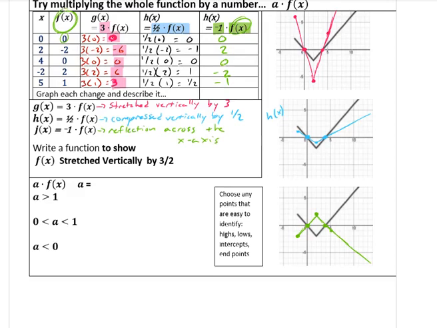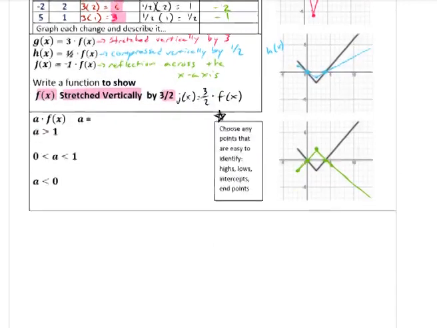So now that we know these, we need to write a function to show that f of x was stretched vertically by 3/2. Let's just say that this is going to be j of x. We have f of x, and by 3/2 would make that times 3 over 2. Now for our rules here.